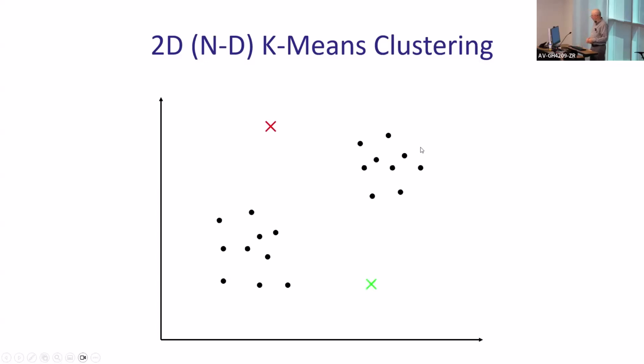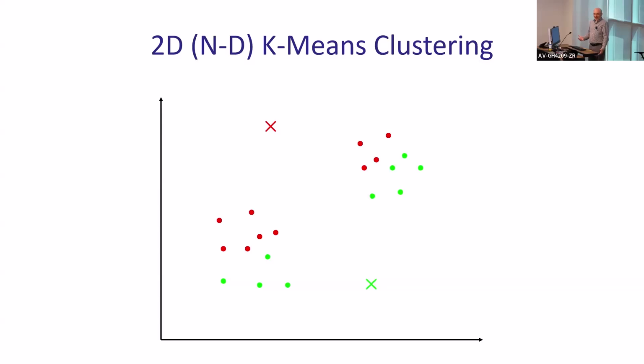So the first step, you're just choosing two random coordinates, two random 2x1 vectors. One vector will be the red vector, and another vector will be the green one. Again, completely randomly, right?